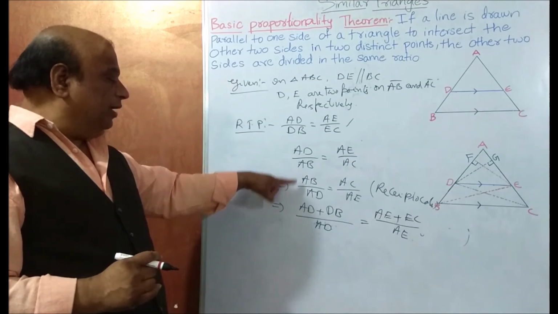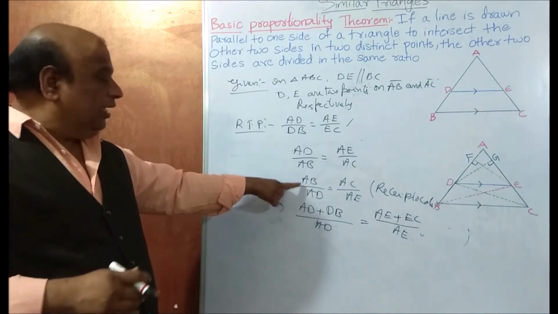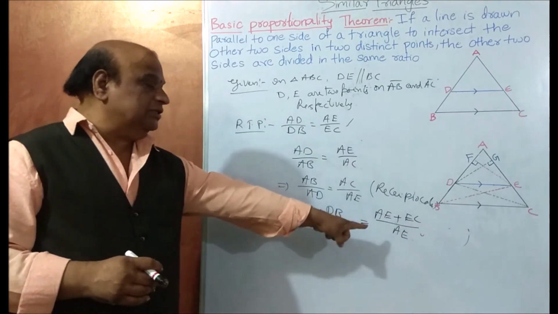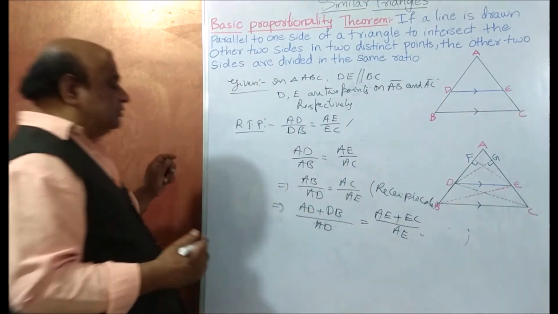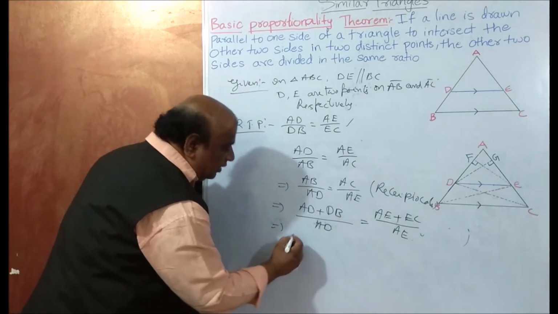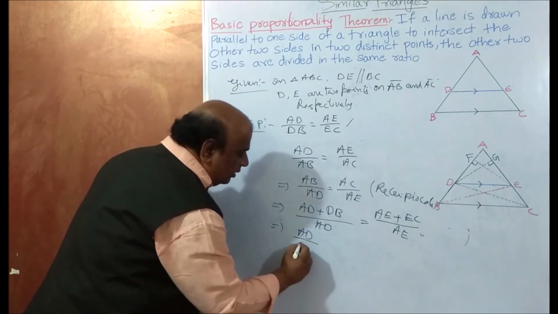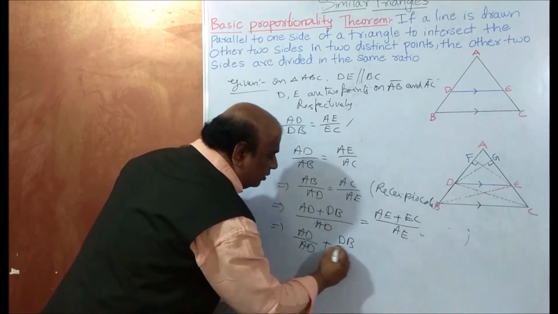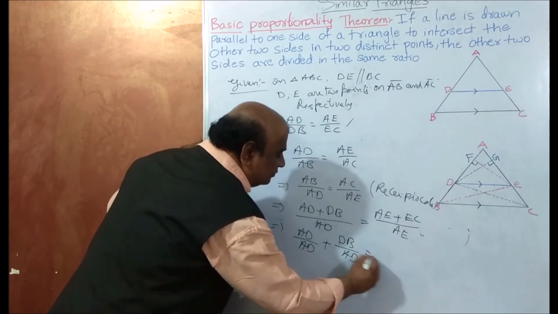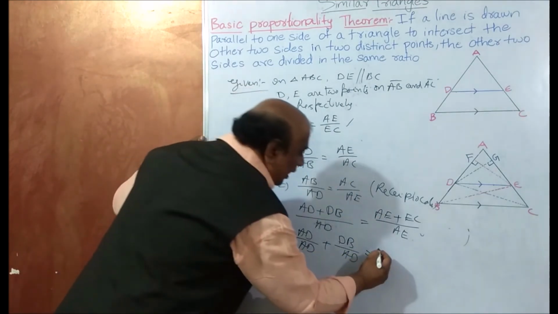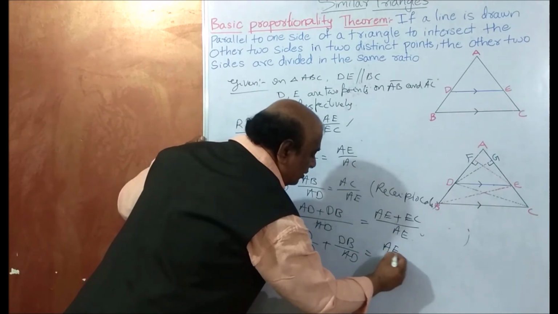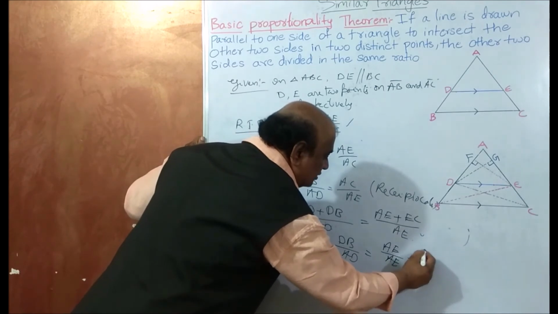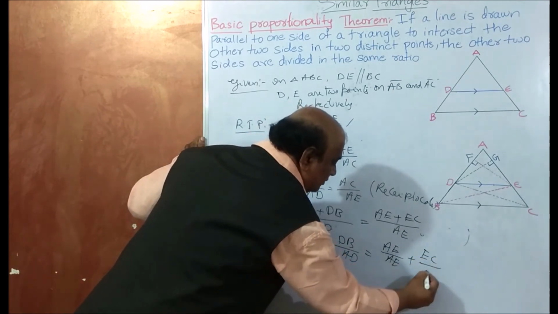Here AD by AB, we should take the reciprocals. AB is two parts, AD plus DB by AD, and AE plus EC by AE. After that, you divide this one: AD by AD plus DB by AD, and AE by AE plus EC by AE.